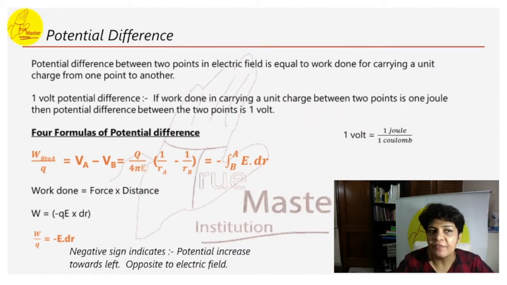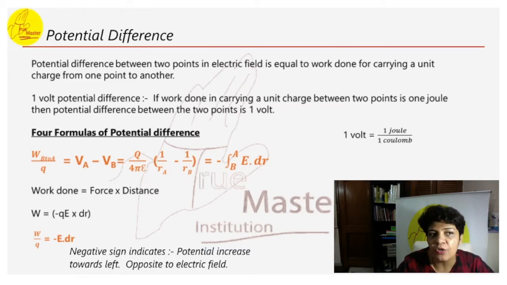The potential difference between two points in an electric field may be defined as the amount of work done in moving a unit positive charge from one point to the other against the electrostatic force. Or we can say the potential difference between two points in an electric field is equal to the work done for carrying a unit charge from one point to another.